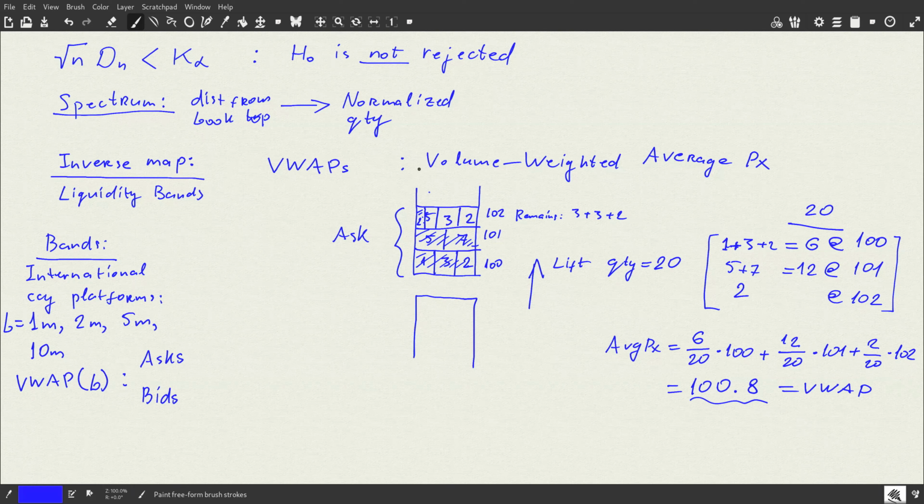It would be increasing because the more we average, the higher price we are taking.